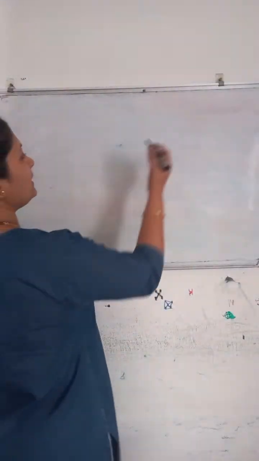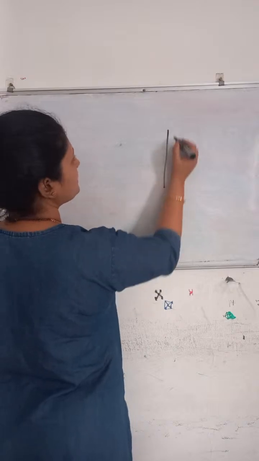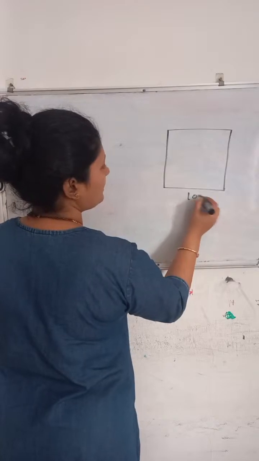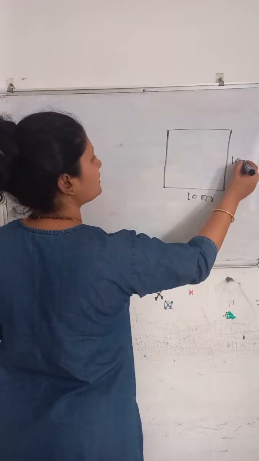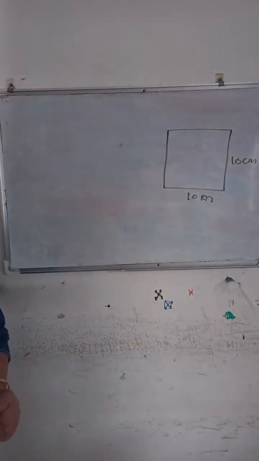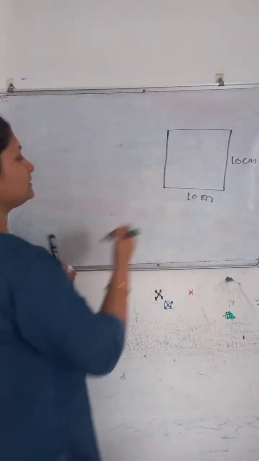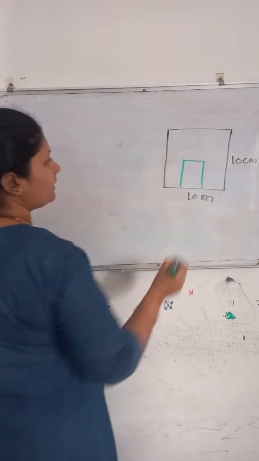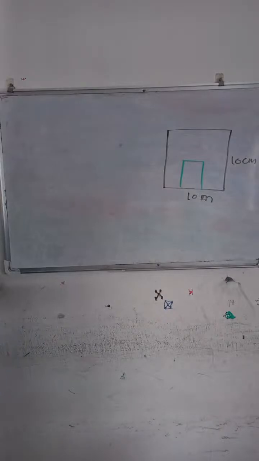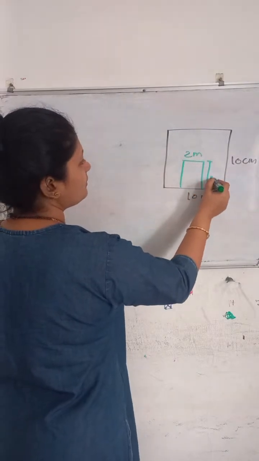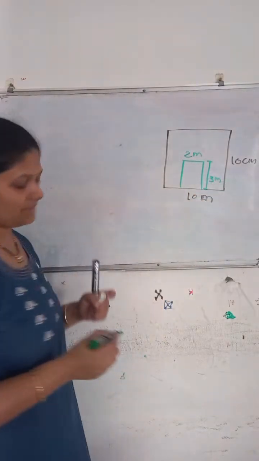So here we have a wall, and the wall length is 10 meter and this is also 10 meter. There is a door in this wall. And this door has 2 meter width and 3 meter length.